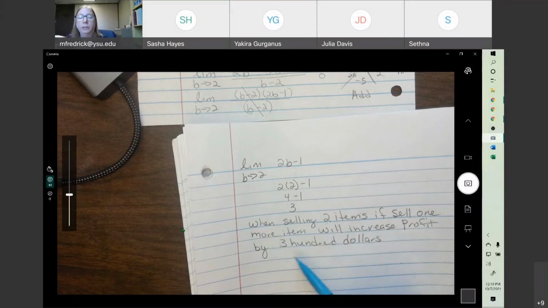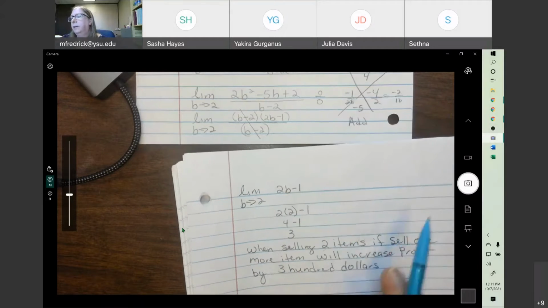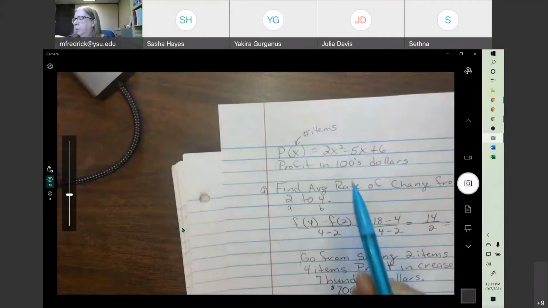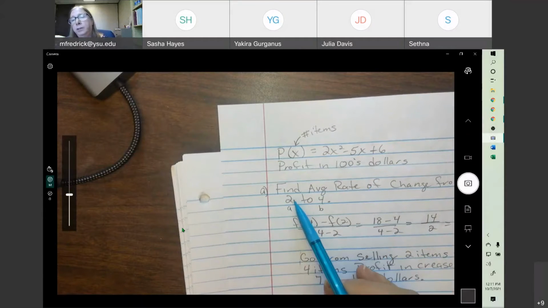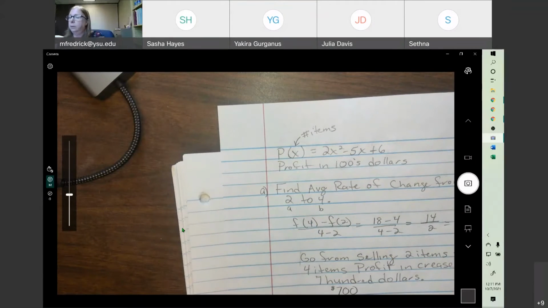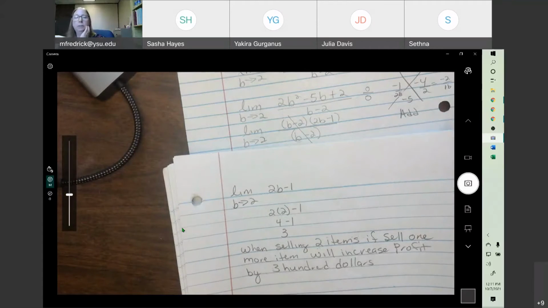And so it would increase profits by $300, definitely. But that's what that means then. It's telling you right at that value instead of between a range of values.